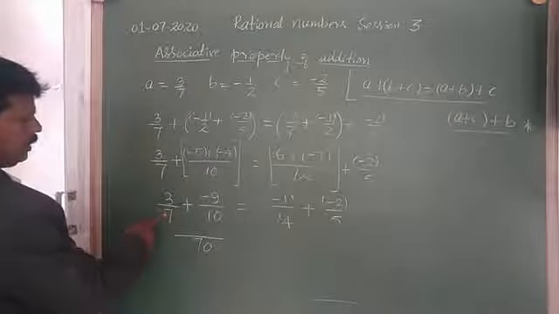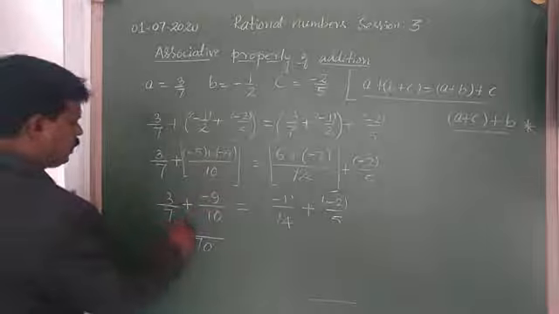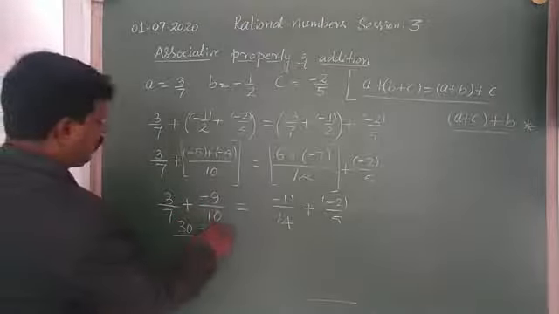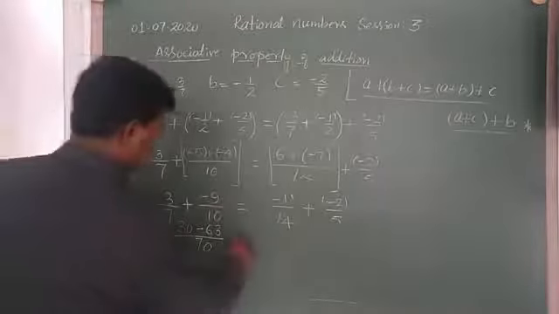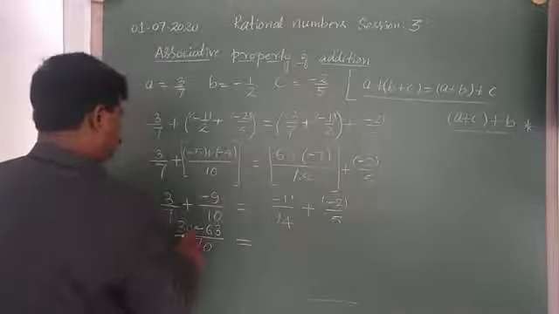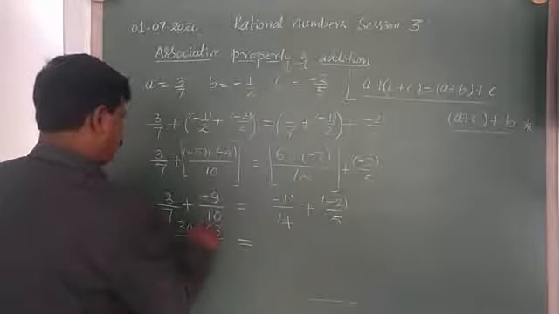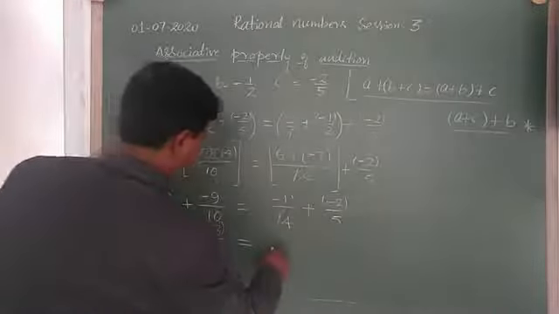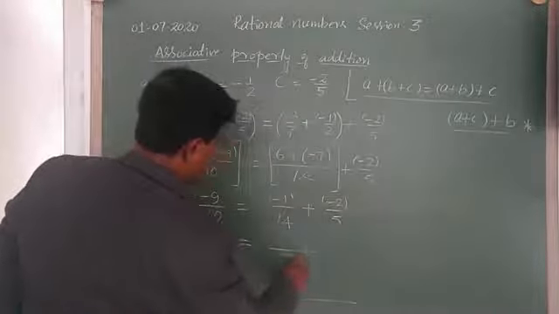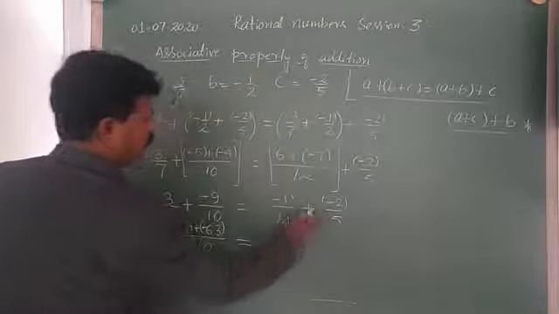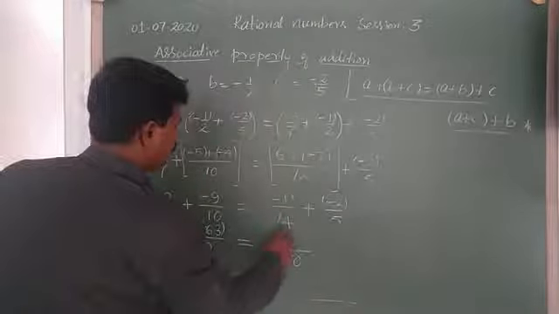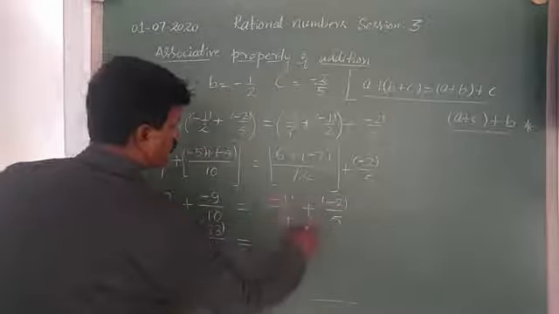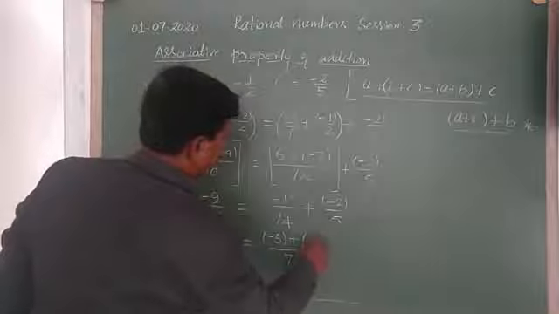So when I take the 70, again cross multiplication: 30 minus 9 sevens are 63, so you can take it as a plus of minus 63. Then here also 14 and 5, again this is 70. 14 divided into 70 is 5 times, 5 into minus 1 is minus 5, plus 5 divided into 70 is 14 times, 14 twos are 28.